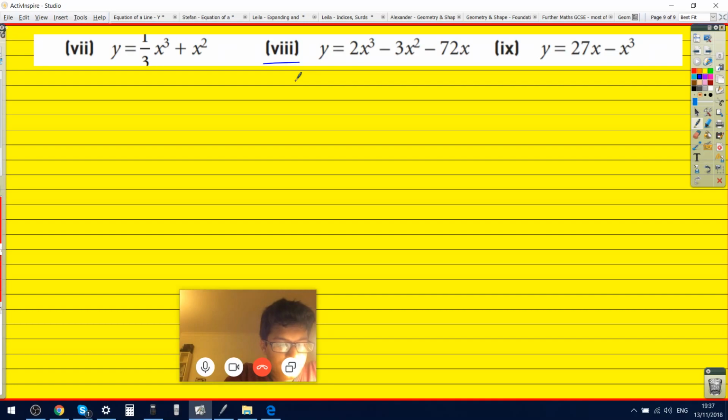Y equals 2x cubed minus 3x squared minus 72x. So dy by dx equals 6x squared minus 6x minus 72. So d squared y over dx squared equals 12x minus 6.